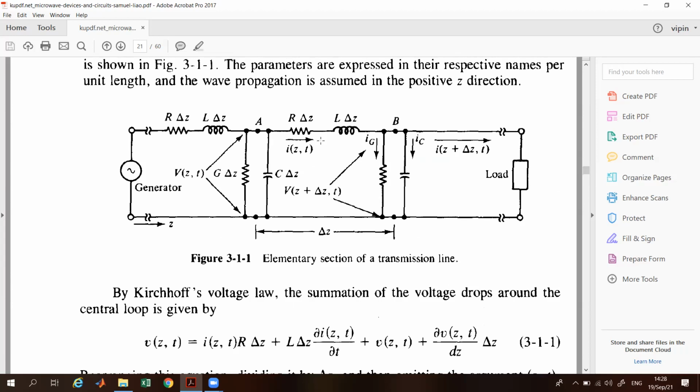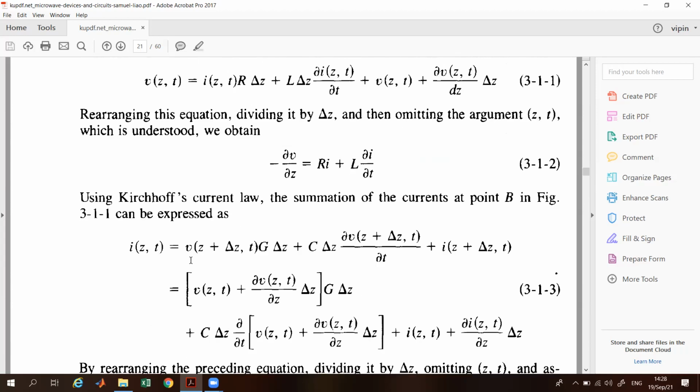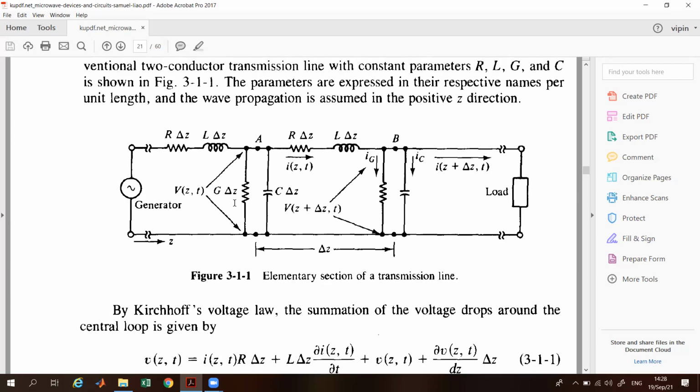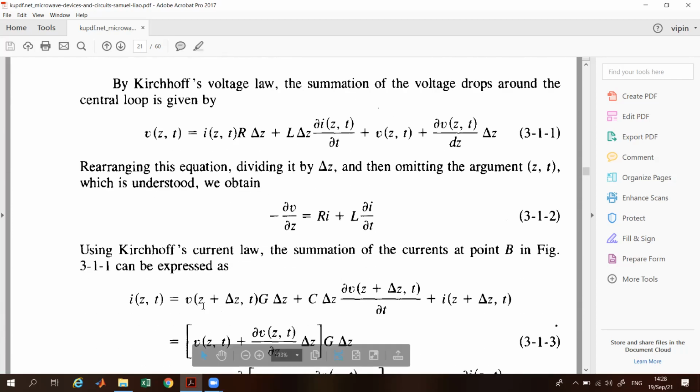So we have current I(z,t), which will be equal to I(z+delta z) plus G delta z times V. If we have this admittance here and we consider that our line is equivalent, then whatever the admittance here is, the capacitance is the same as here.